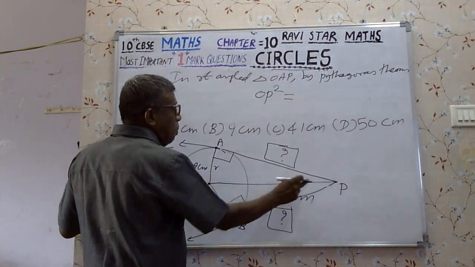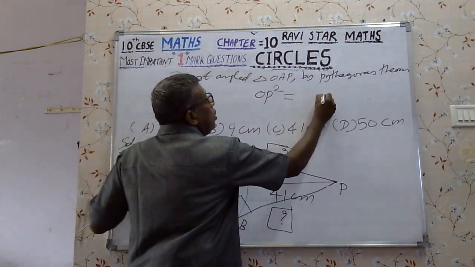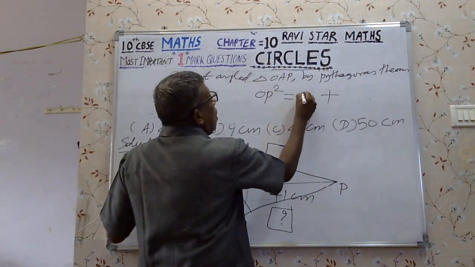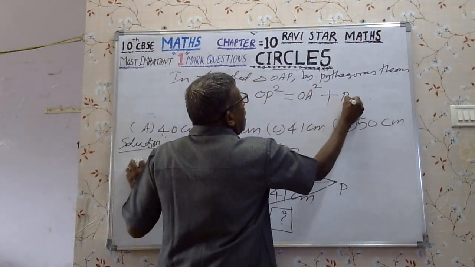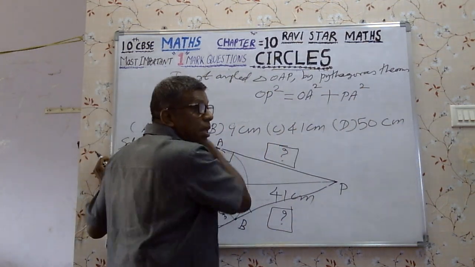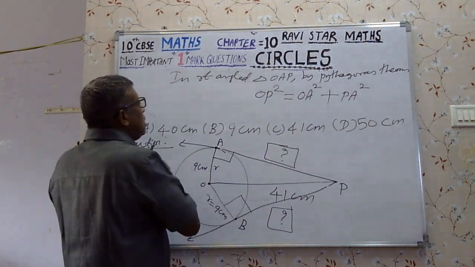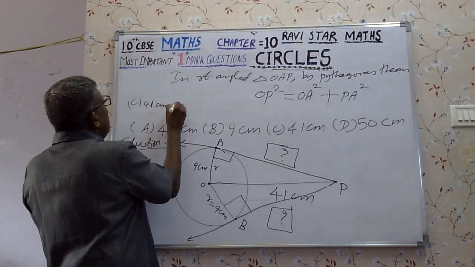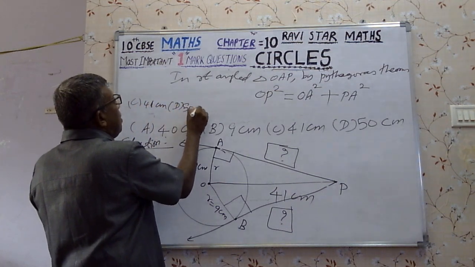The square of the hypotenuse, that is OP squared, is equal to the sum of the squares of the other two sides, OA squared plus PA squared. These two options, C is 41 centimeter and option D is 50 centimeter, I am writing on the left side.